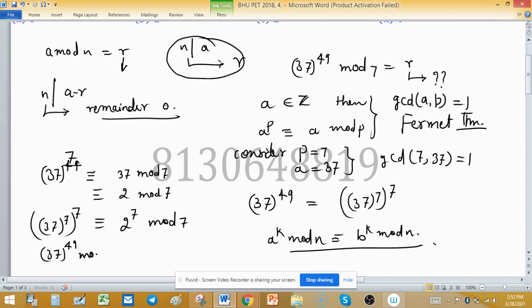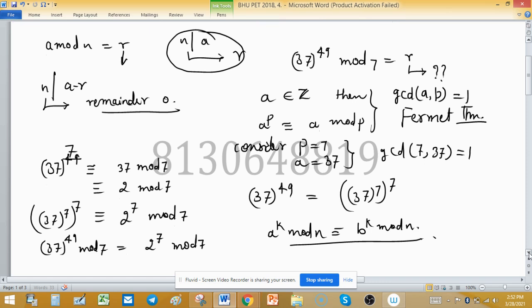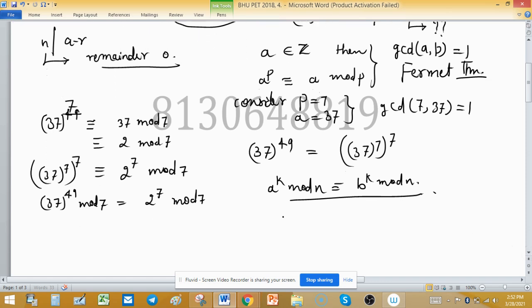Now 2 raised to the power 7: 2 raised to the power 5 is 32, multiplied by 4, is 128.